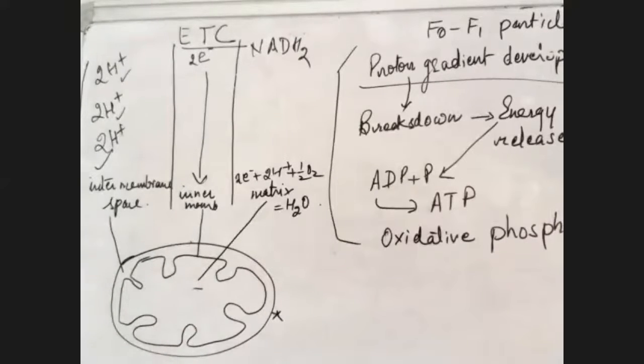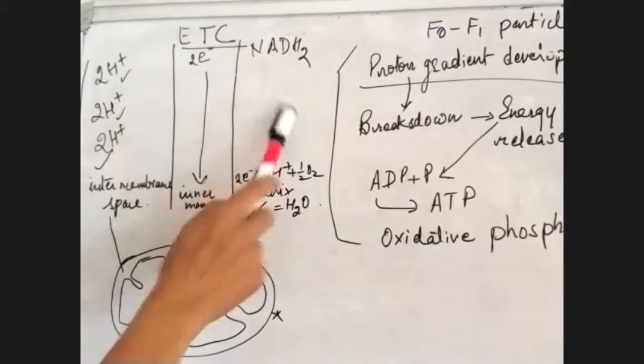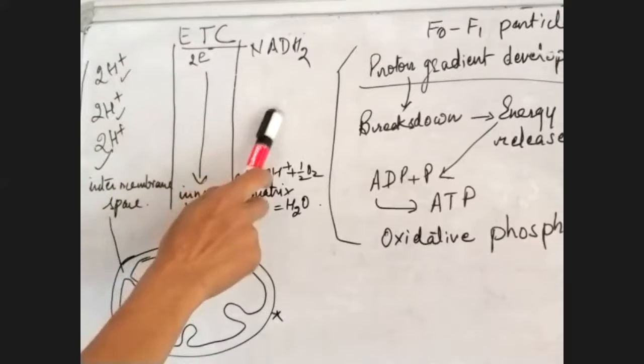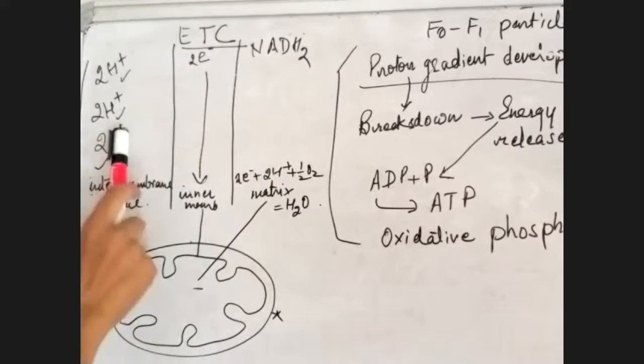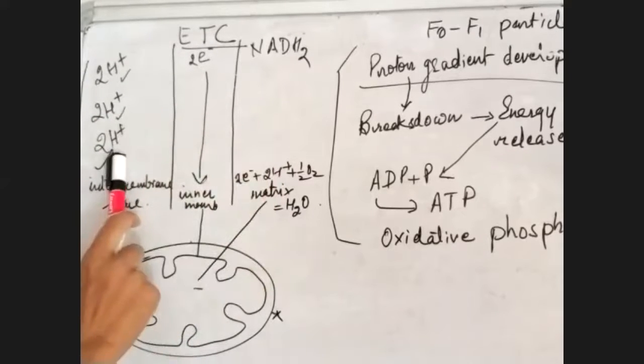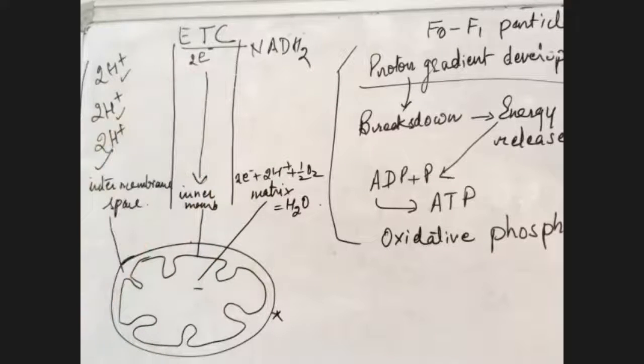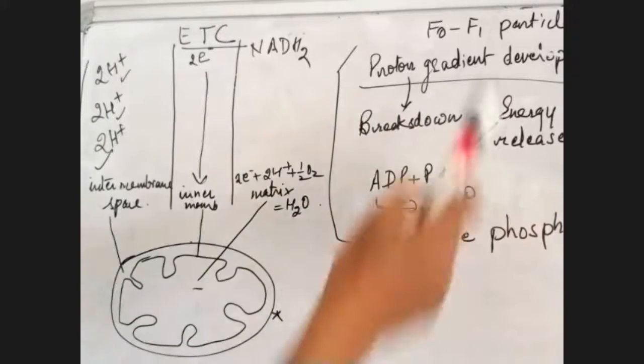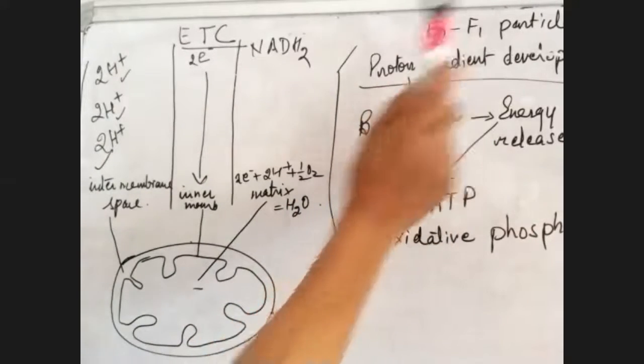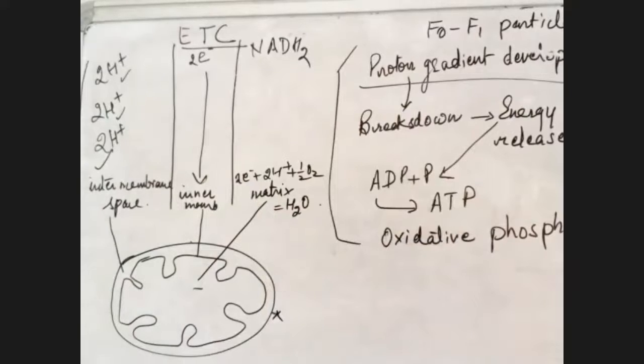Till development of the proton gradient, there is a high concentration of protons in the intermembrane space and the proton concentration becomes low here, so a proton gradient develops. This development of the proton gradient is in the electron transport chain. After that comes oxidative phosphorylation, which takes place in the F0, F1 particles located in the inner membrane.